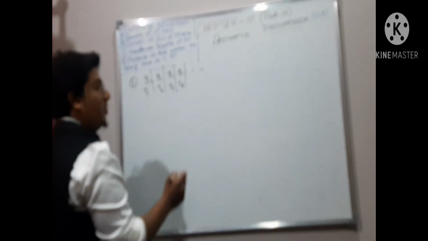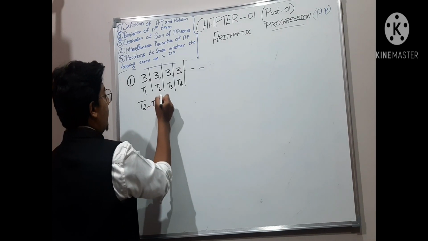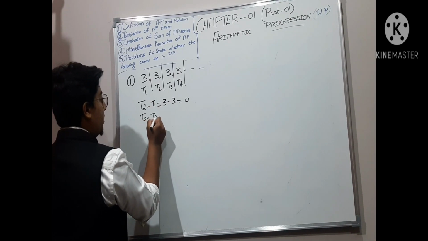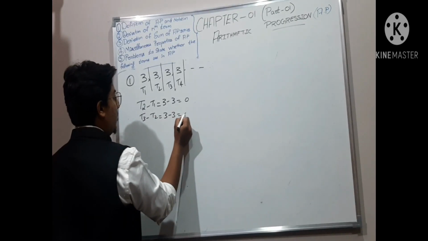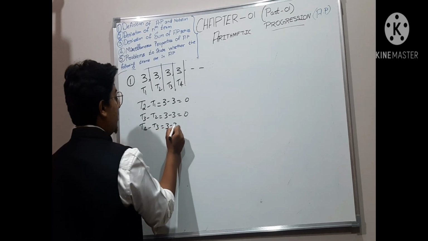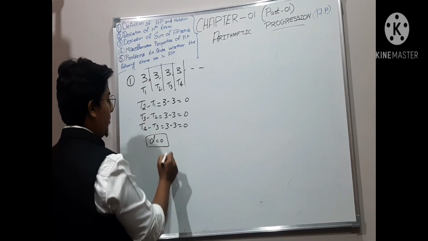To be in arithmetic progression, we have to find T2 minus T1: 3 minus 3 is 0. T3 minus T2: 3 minus 3 is 0. T4 minus T3: 3 minus 3 is equal to 0. The difference is 0 and remains the same throughout.